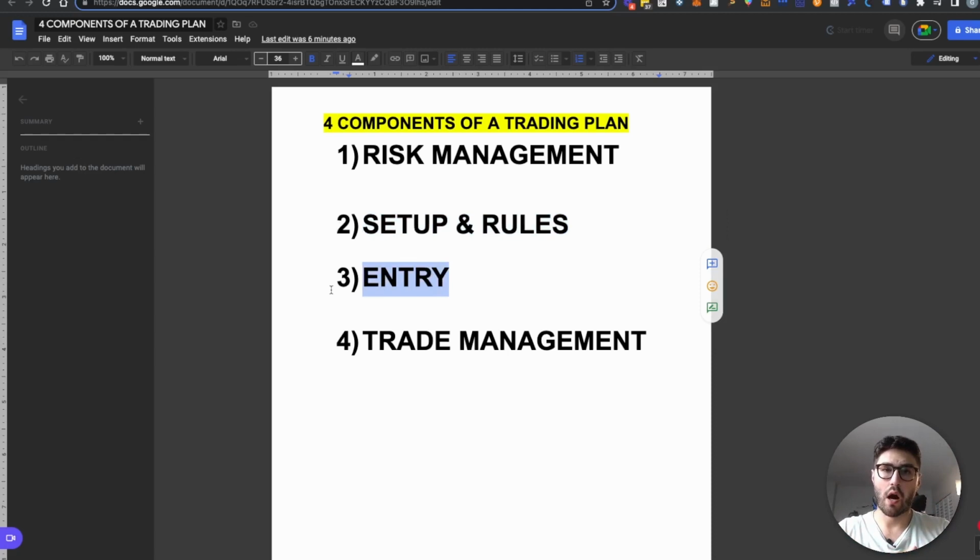So what are the confirmations that you're looking for in order to enter a position? Because sometimes everything looks great, but you're missing that confirmation that will give you the exact okay to press the buy button or the sell button in order to enter a trade. And then number 4, we have trade management. How and when you're looking to take profit.